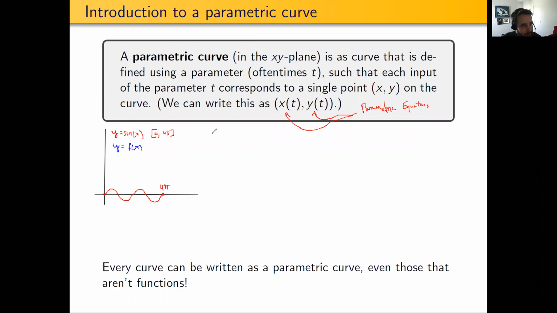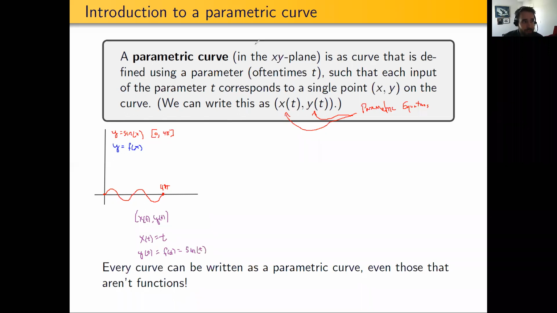I can let my x of t just be the function t, right? So just x of t equals t. And then I can let y of t be equal to whatever my original function was. So f of t, or in this case, that would just equal sine of t.